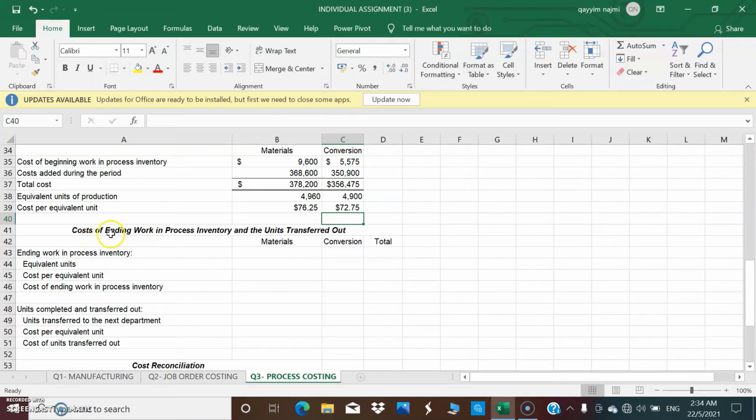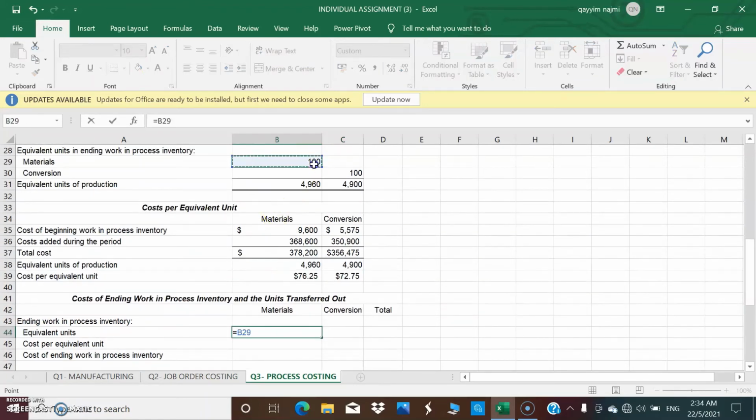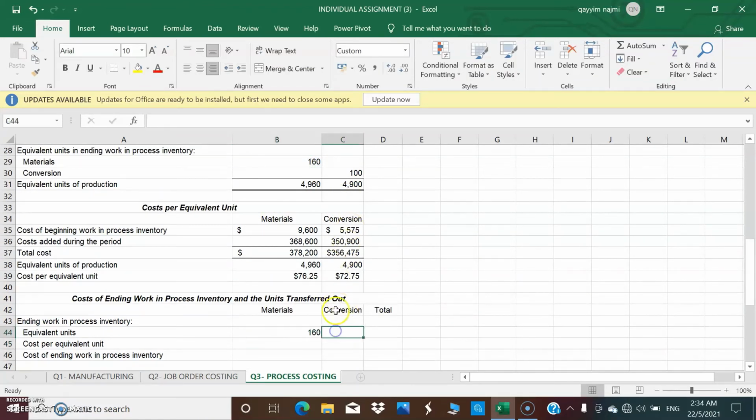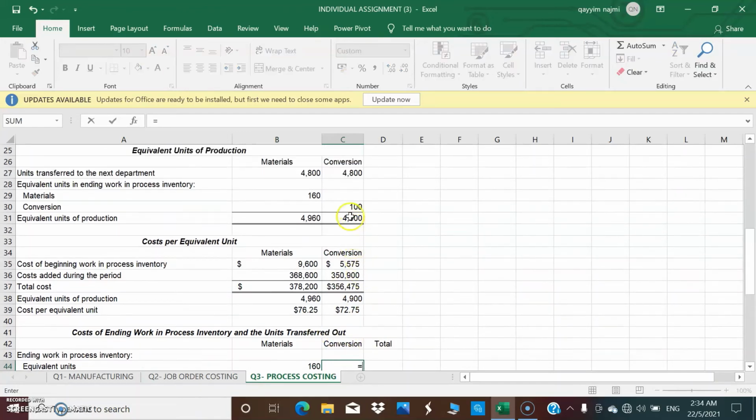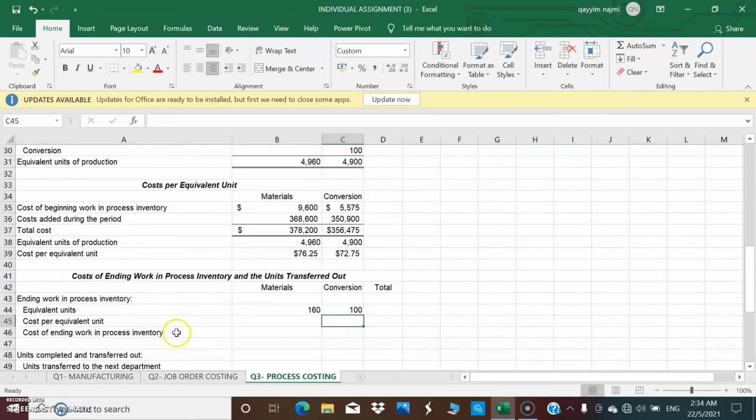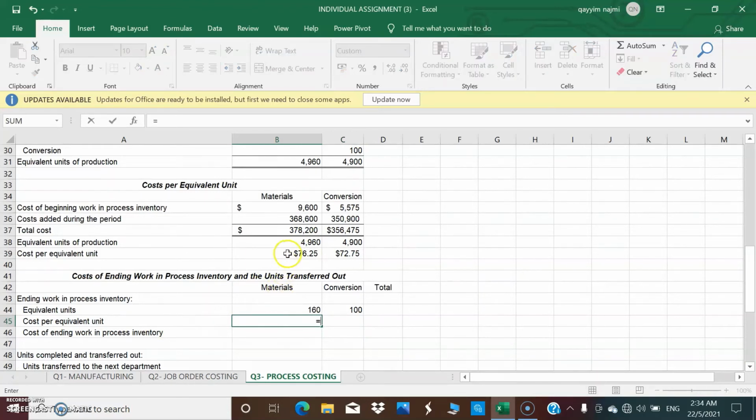Okay, continuing with the ending work in process inventory and units transferred out. The ending units in work in process, per equivalent unit, are 160 for material and 100 for conversion. The cost per equivalent unit is 76.25 for material and 72.75 for conversion. The 160 units are multiplied by the cost, giving a material cost of ending of 12,200. Then the conversion is 100 multiplied by 72.75.